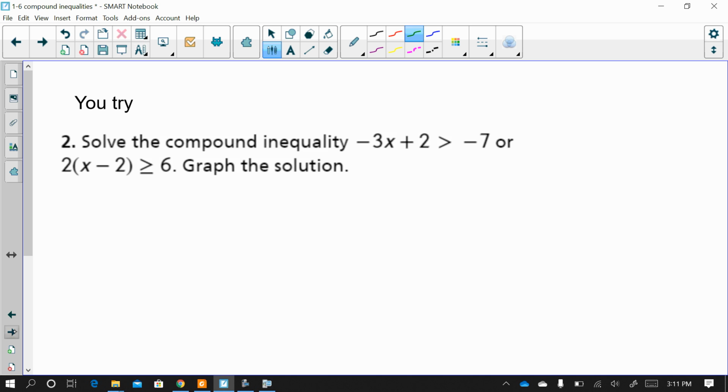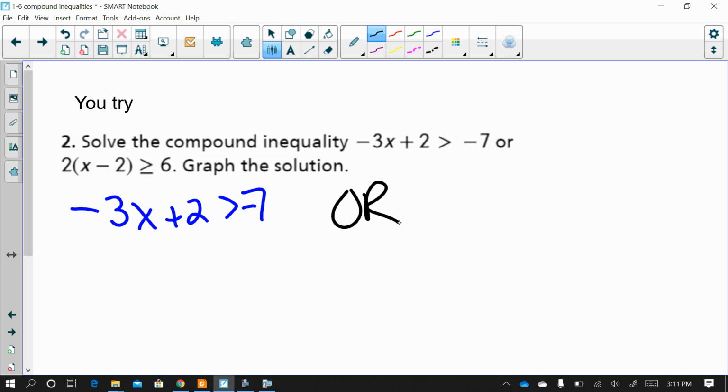Okay, your turn. Please pause the video and try this problem. Okay, so again, I'm going to write it again because I like having room to work. So I'm going to write the first guy. I'm going to write the word OR really big to remind myself. And I'm going to write the second guy.